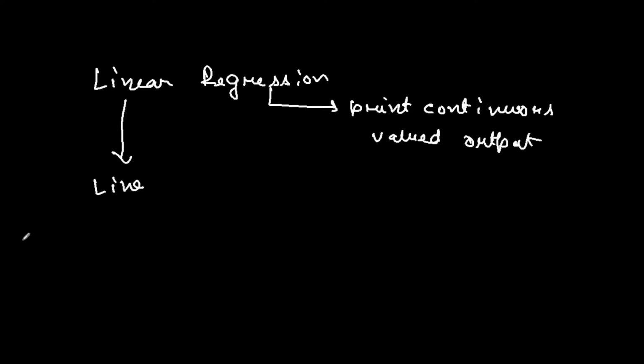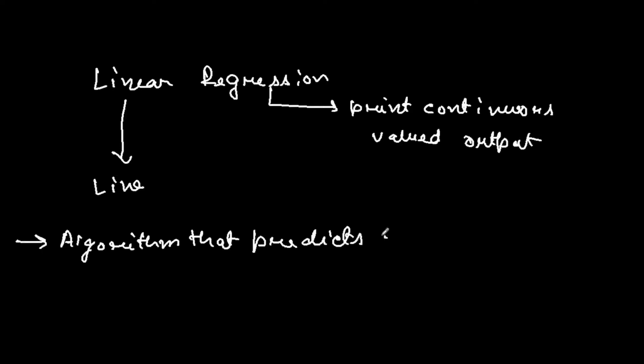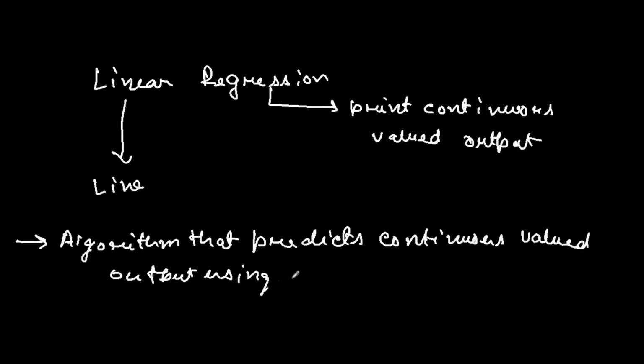So linear regression is basically the algorithm that predicts continuous valued output using a line, right?